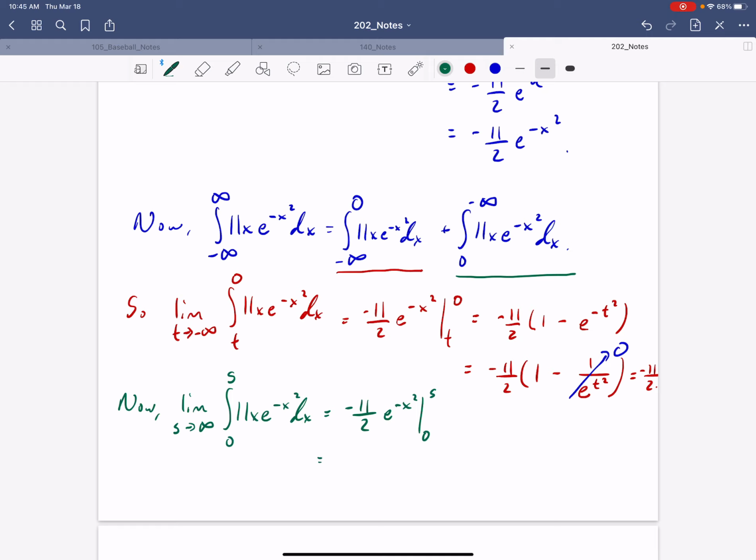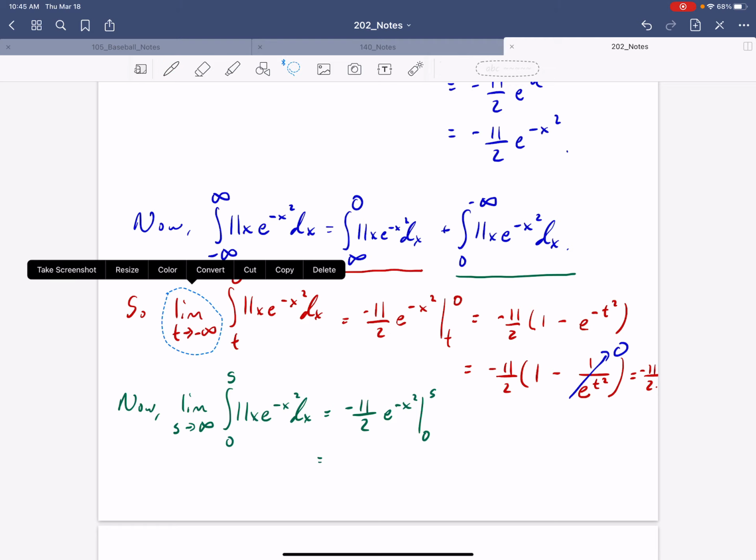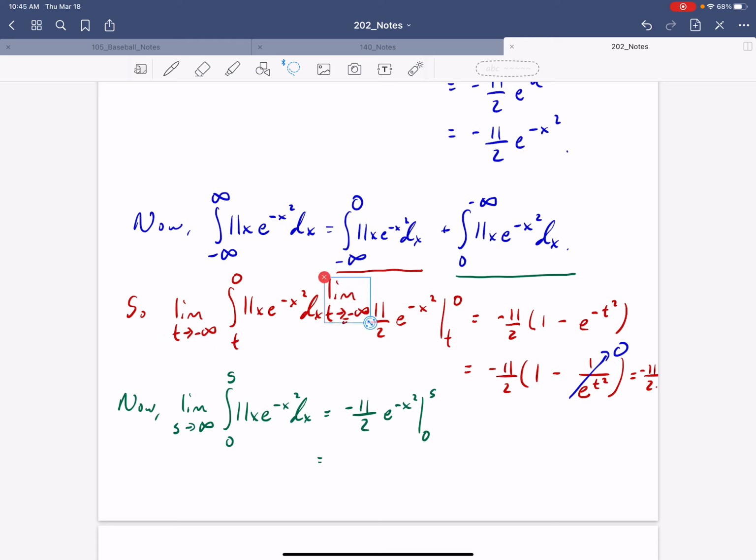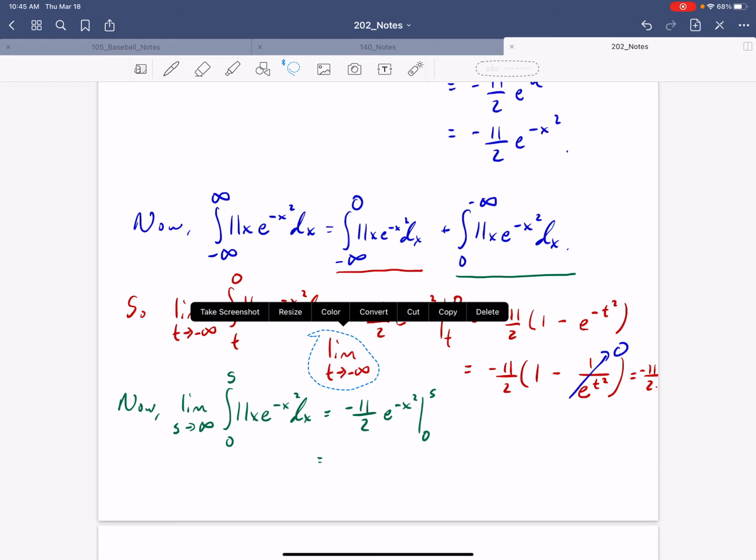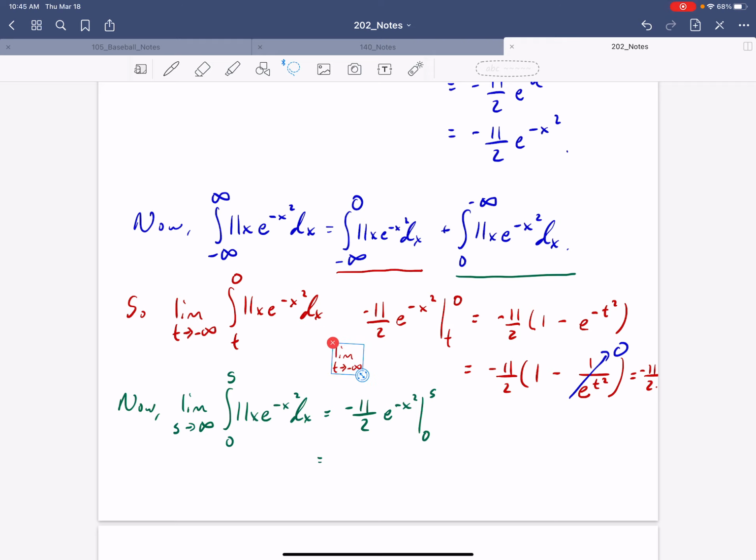Oh shoot, sorry, in both cases I committed a major faux pas here. I do apologize for that. I ought to be writing the limit in every single time. Let's try to resize this and really squeeze it in here. Equals the limit.